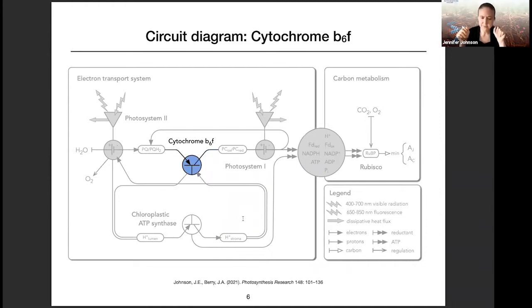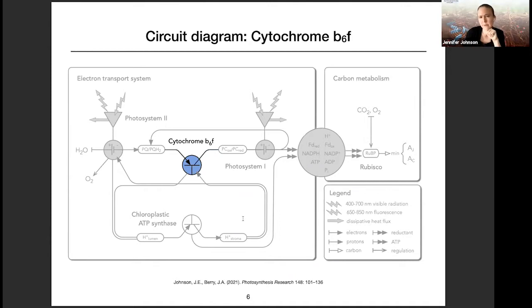These two enzymes have a really important role in photosynthesis because they are rate limiting. And so they act as the kinetic bottlenecks within the electron transport system and within carbon metabolism. And they are the targets of many regulatory processes.